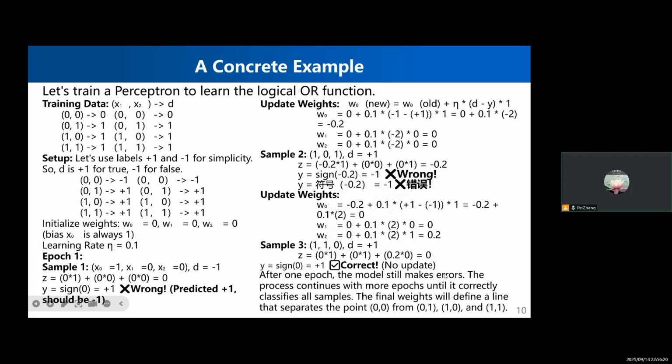There is no update. After this one epoch, the model still makes errors. The process continues with more epochs until it correctly classifies all samples. The final weights will define a line that separates the point (0, 0) from (0, 1), (1, 0), and (1, 1).